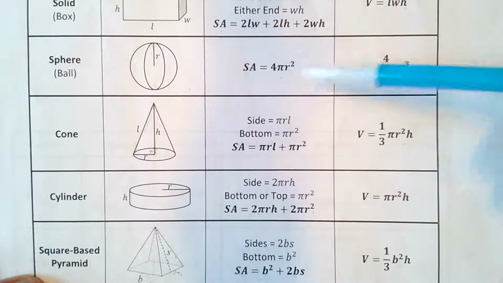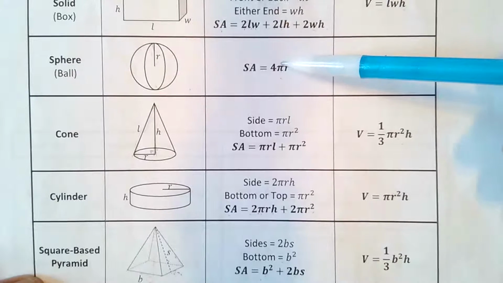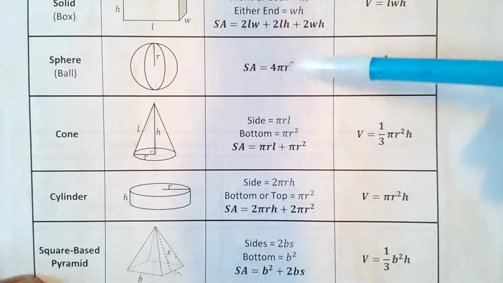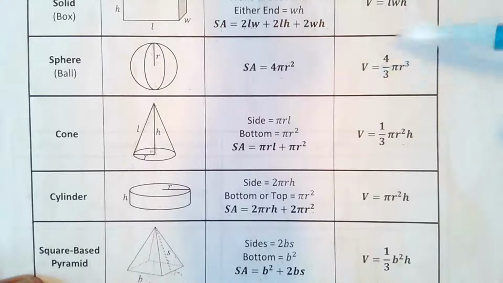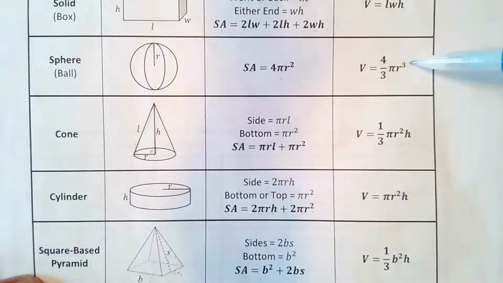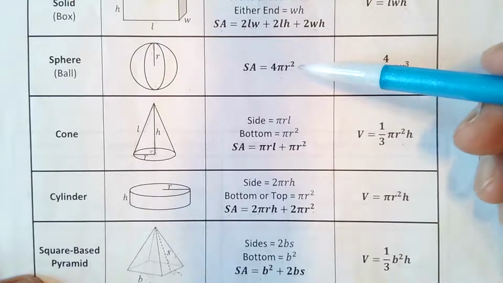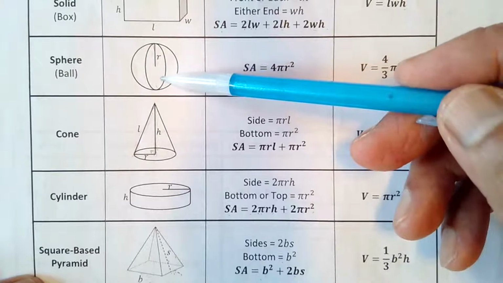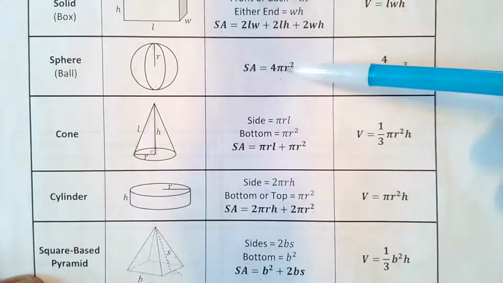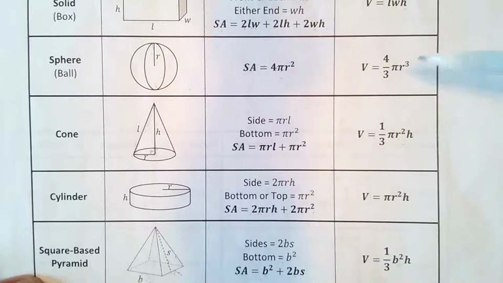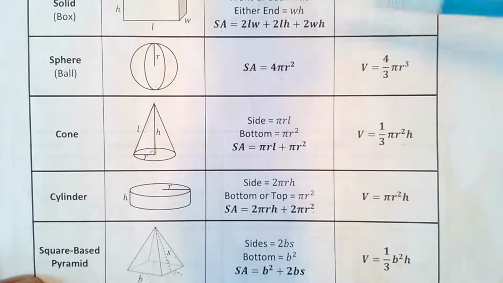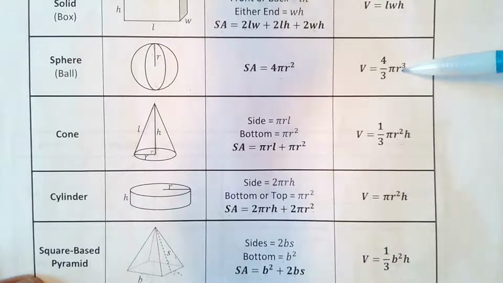The surface area is 4 times pi times the radius squared, that is, radius times radius. The volume is 4/3 pi times the radius to the power 3. So the only dimension we need from a sphere to find the surface area and volume is the radius, as compared to the rectangular solid, where we need 3. All we need here is the radius.